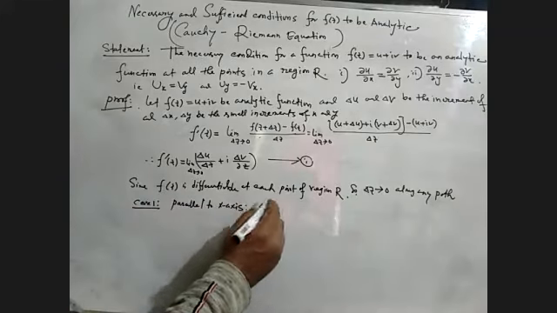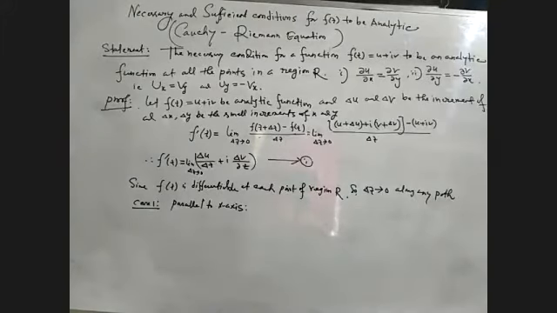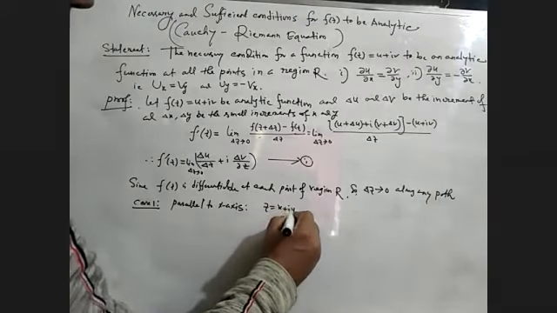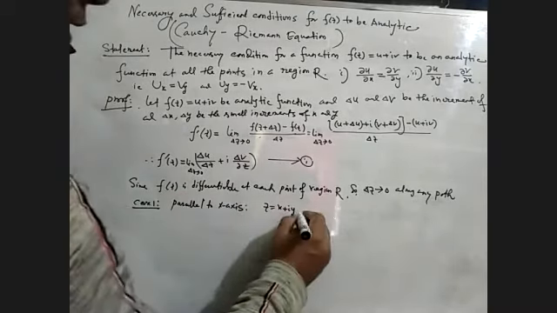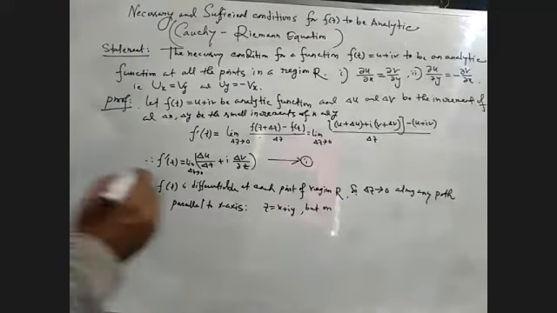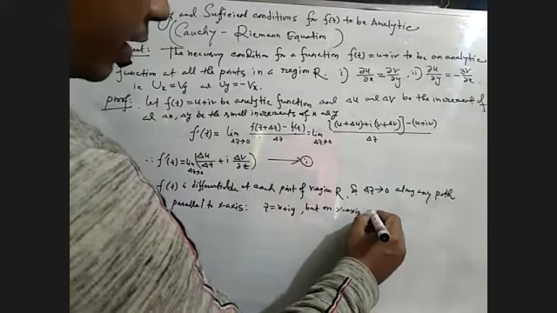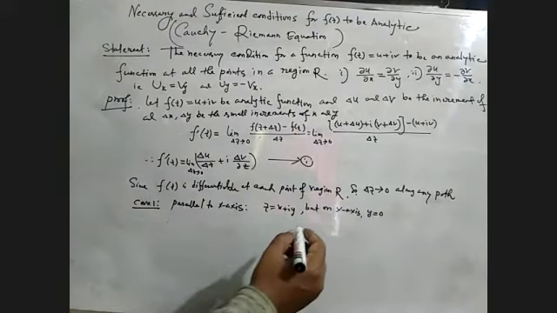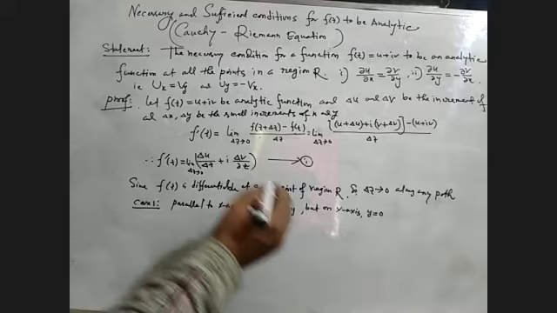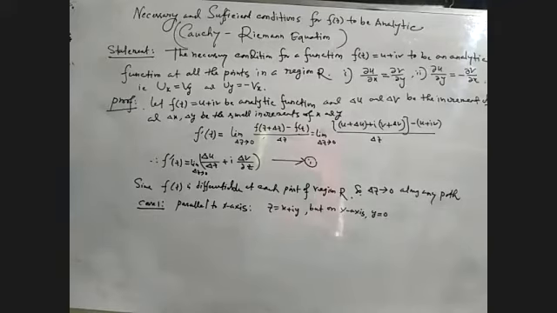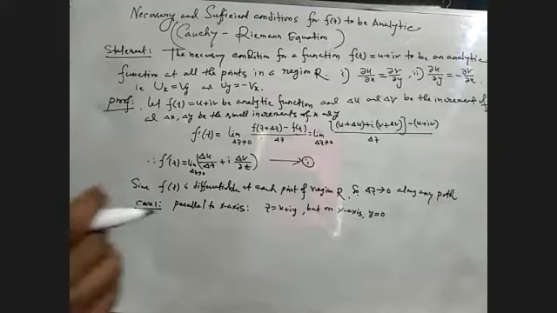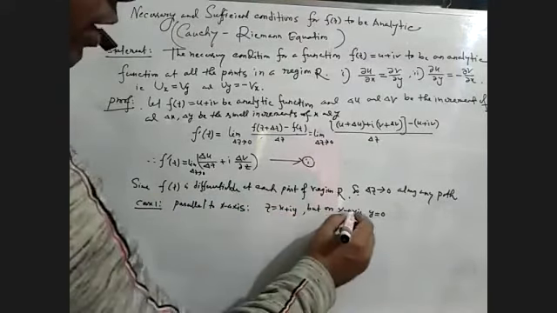Along the x-axis, z equals x plus iy, but on the x-axis y equals 0.